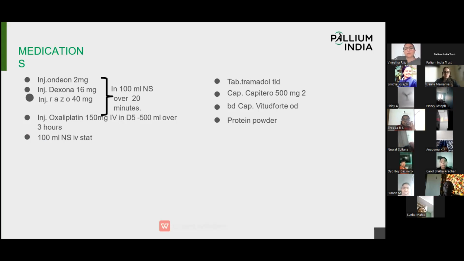Now for a pain score of 3, I would say it is a mild pain. So do you actually require something like tramadol, which is a weak opioid that is supposed to be given for a moderate pain? Because tramadol itself can cause nausea and vomiting. It is going to aggravate the symptoms of the patient.